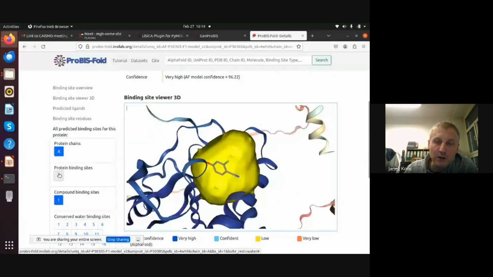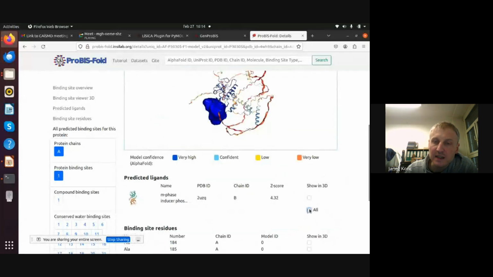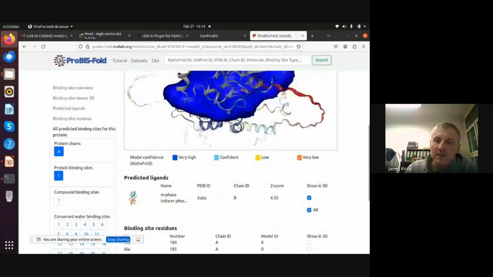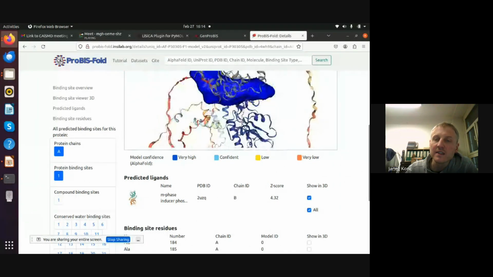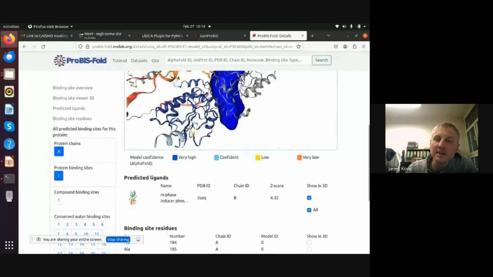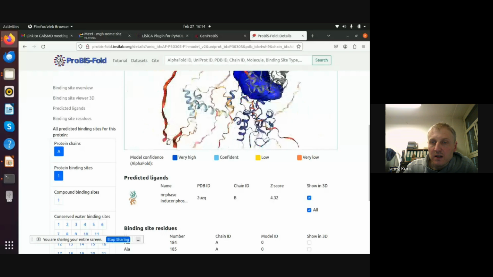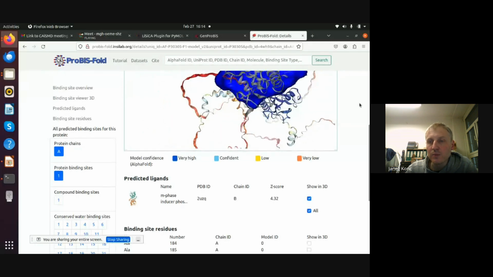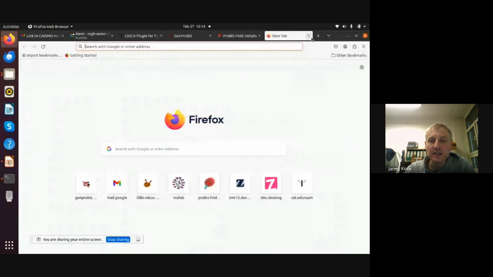Let us predict a protein binding site. Here is a protein binding site and a possible ligand of this. This gray ribbon is the predicted ligand of this protein. So this is what ProBis 4 can do for all the protein structures in the AlphaFold database.